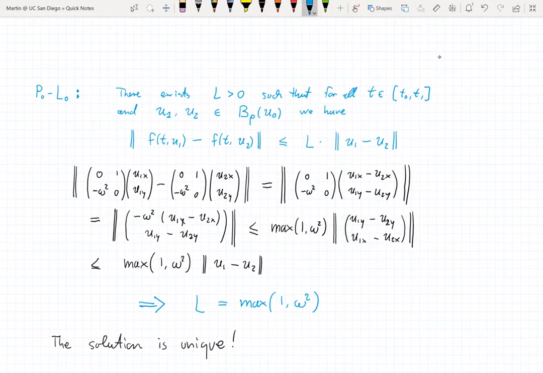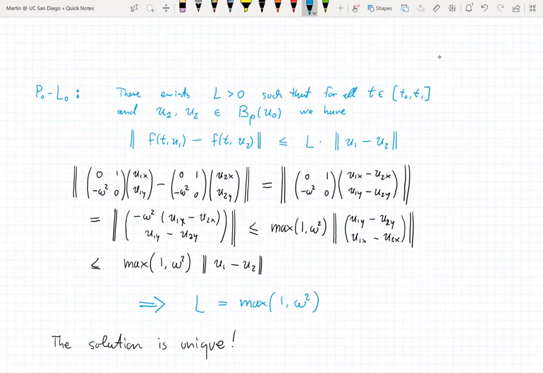Since the matrix is so simple, we can simply compute this matrix-vector product, and then we take the Euclidean norm of the vector with first entry negative omega square times the difference u1x minus u2x, and the second entry is u1y minus u2y.